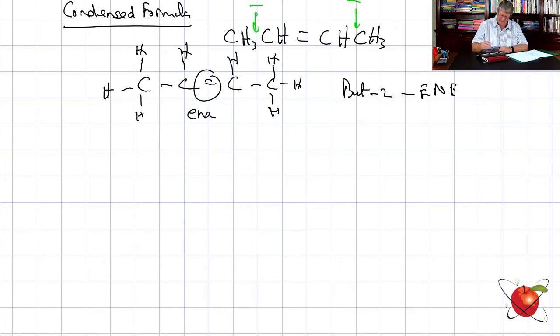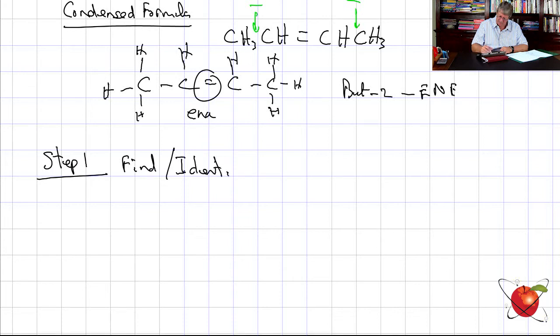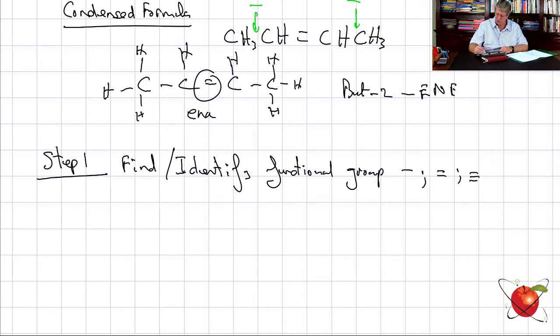First of all, we find the functional group. Let's just write down some steps. Step 1, find or identify the functional group. That is a single, double, or triple bond carbon to carbon.